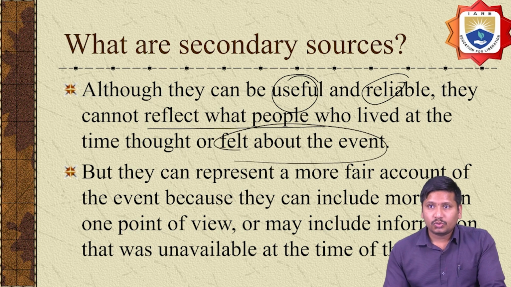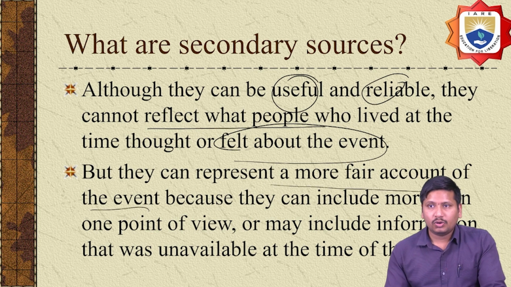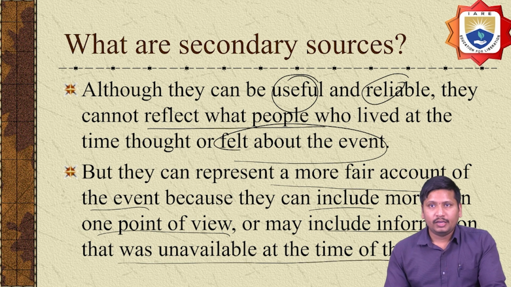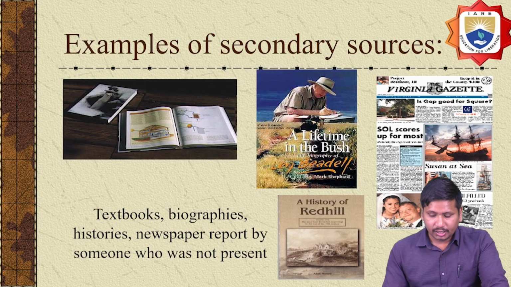Secondary sources are able to represent a fairer account of the event, because they can include more than one point of view, or information that was unavailable at the time of the event. So see the examples of these secondary sources.